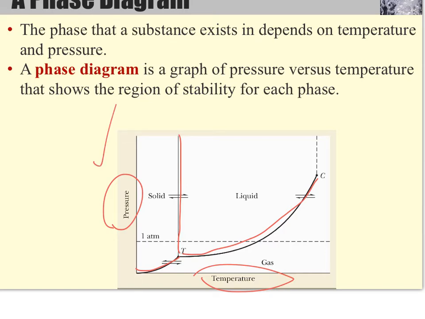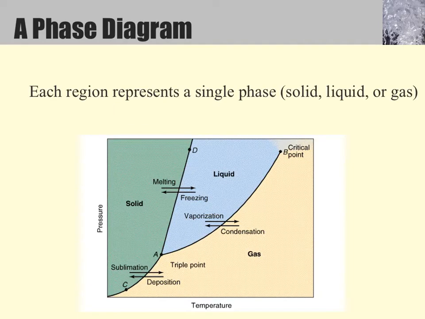So while we talk about a boiling point or a melting point for a substance, that's really only at one particular pressure. And we can change boiling and melting point if we change the pressure. Each of the regions or sections in a phase diagram represents a single phase.